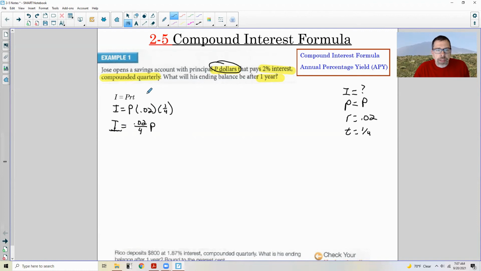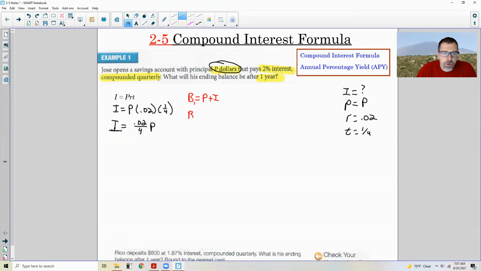All right, and then what we're going to do for the second quarter, we're going to call this balance from quarter 1. So the balance from quarter 1 is going to equal principal plus interest.